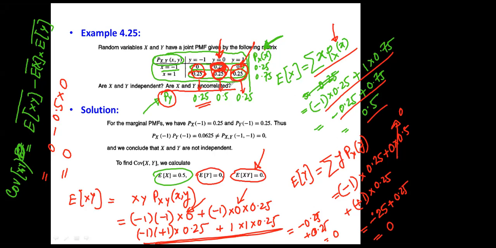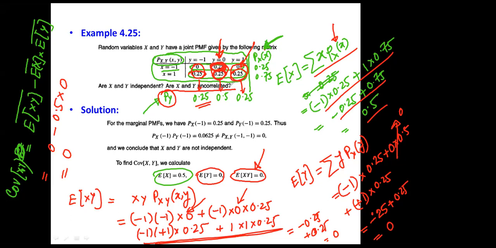How will you describe this one? We know that if the values are independent, their covariance equals 0. But here we have found that they are not independent, still their covariance equals 0. How can you explain this one? The explanation is that covariance equal to 0 is not a criterion for independence.